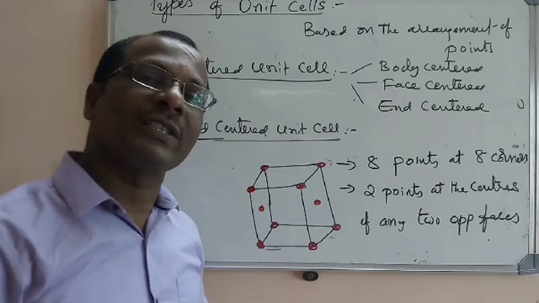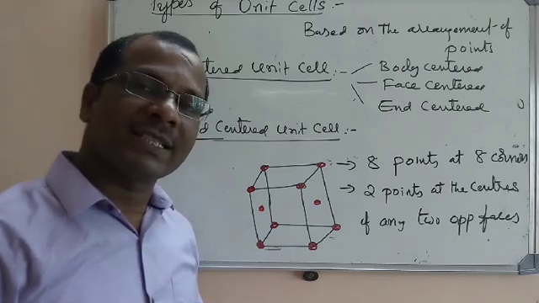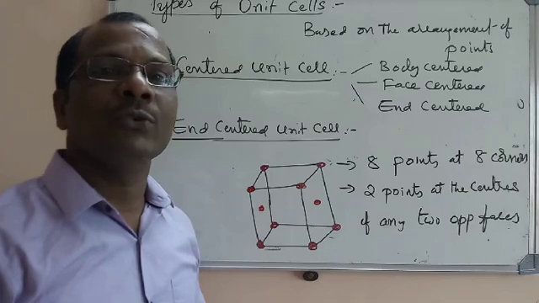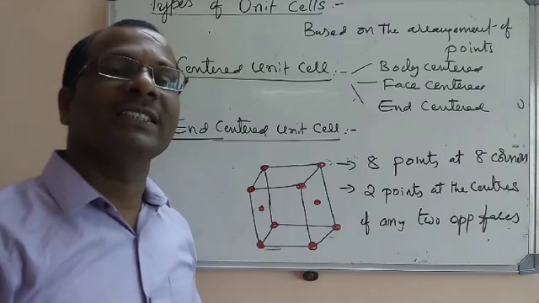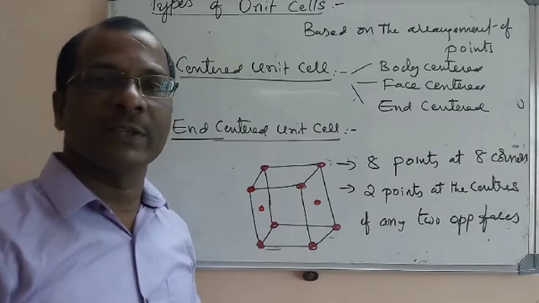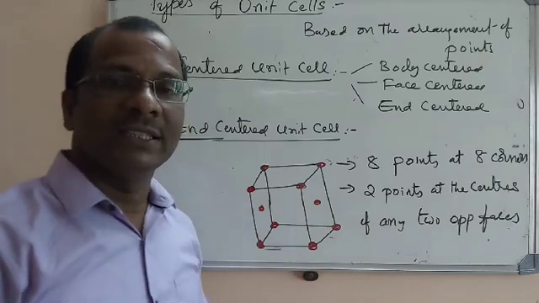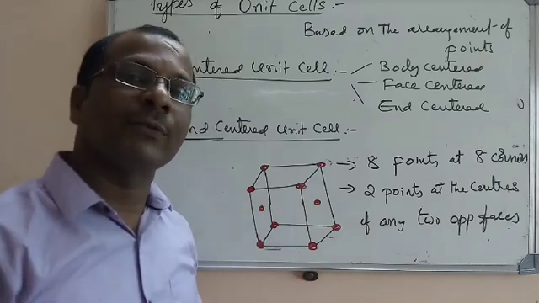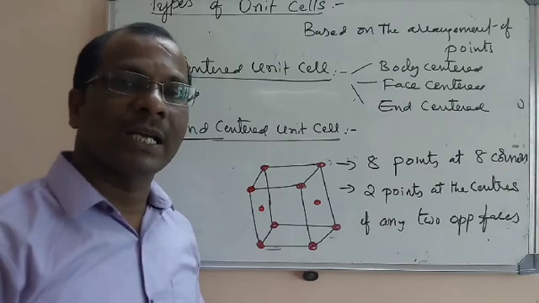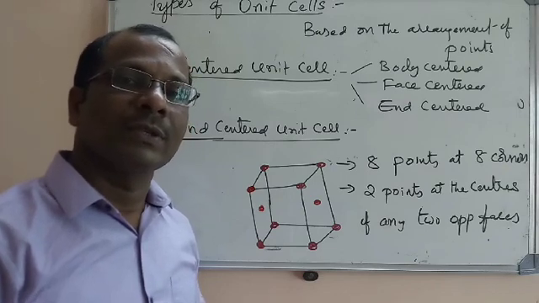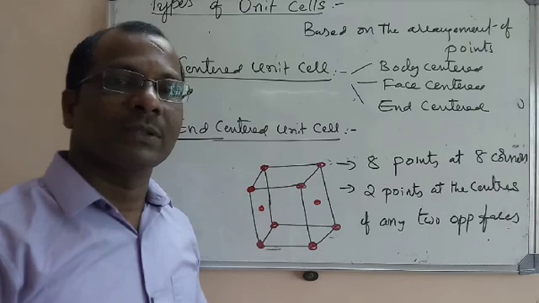An end-centered unit cell will have 8 points at the 8 corners, and 2 points will be at the centers of any two opposite faces. This is all about the 4 types of unit cells. In the next class, we'll discuss what are the 14 Bravais lattices along with some objective discussion. Thank you.